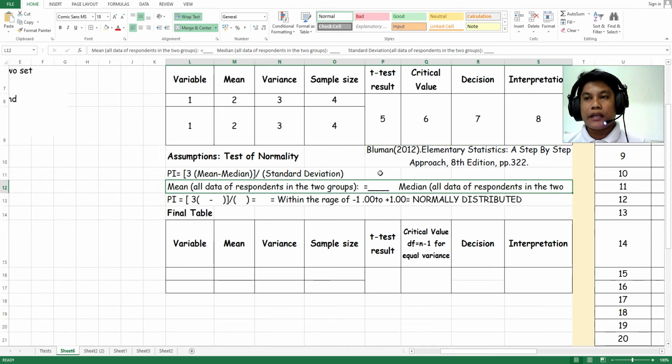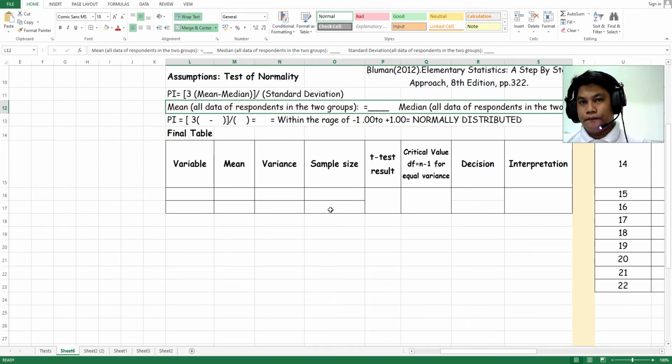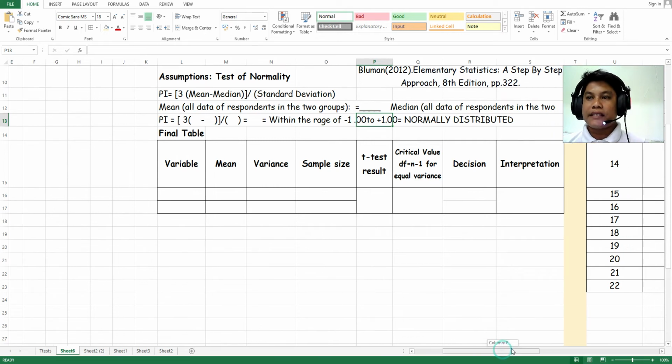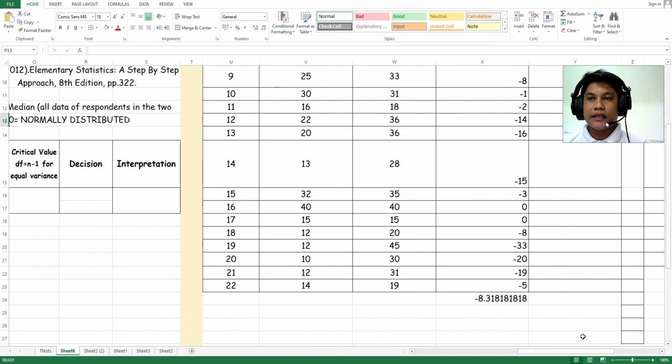This time we have to get the difference first, and then we subject that to the test of normality, not the individual pre-test or post-test. And then we will get the PI, and that will be analyzed whether the data is normally distributed or not, if it falls between -1 and +1.